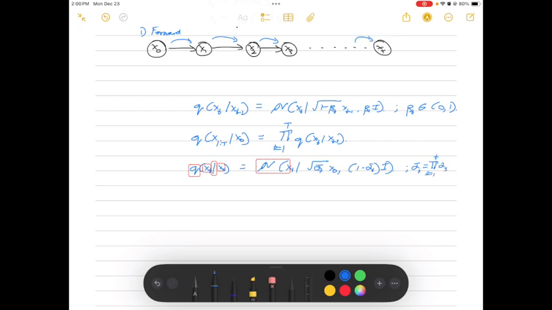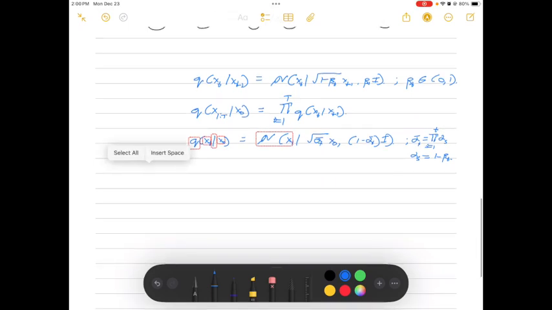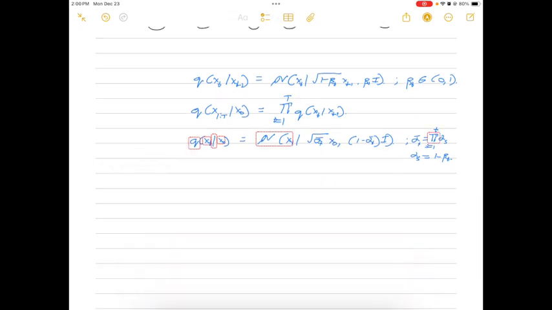And what is an alpha here? I've just grouped everything into alpha, so each alpha is 1 minus beta t. This is easy to see. If you just multiply all the chains, you will get this constant factor, and they can be clubbed as the product of individual factors.